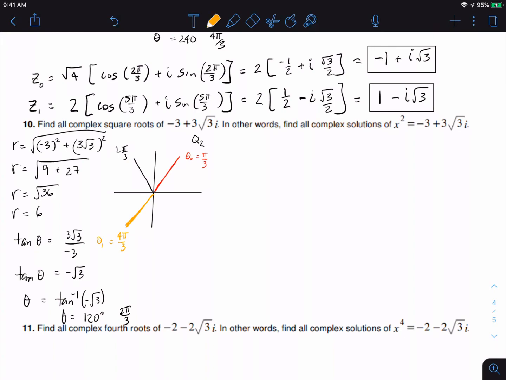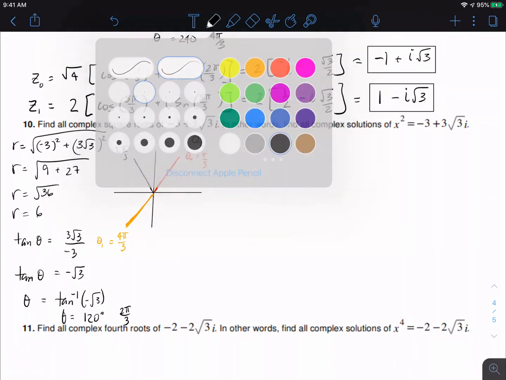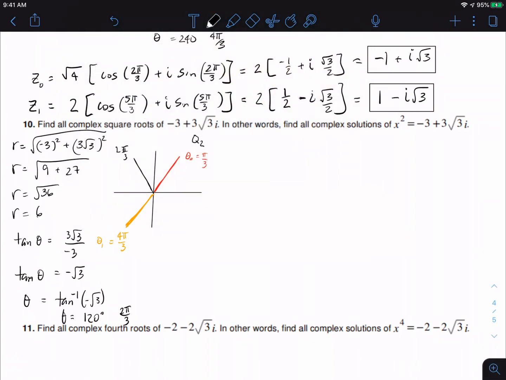Okay. So then to set this up so that we can do our problems, z naught is going to be the square root of 6 times cosine of pi over 3 plus I sine of pi over 3.